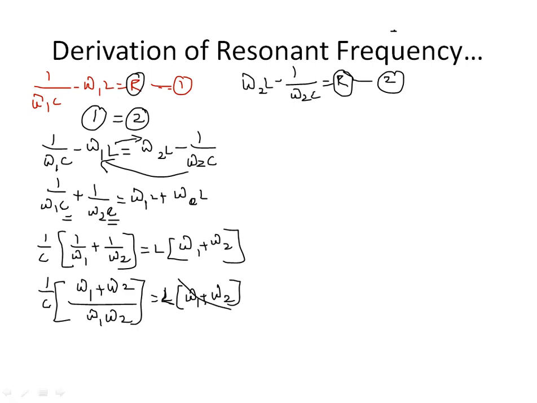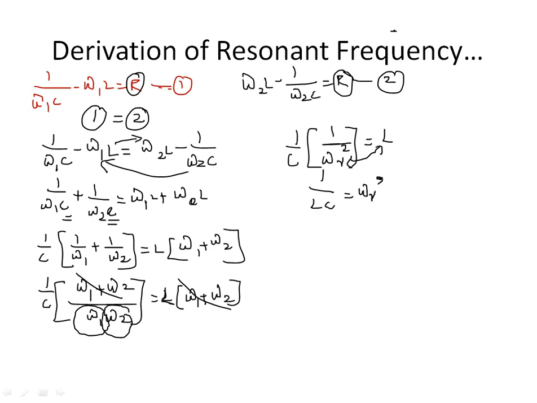So cancel the common terms. The remaining thing: omega 1 should approach omega r, and omega 2 should also approach omega r. This implies 1 by C into 1 by omega r square should be equal to L. Now interchanging these two variables, 1 by LC is equal to omega r square.